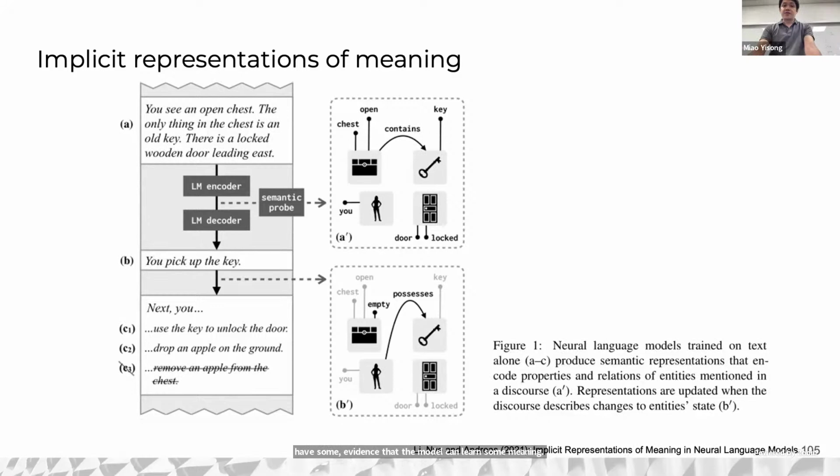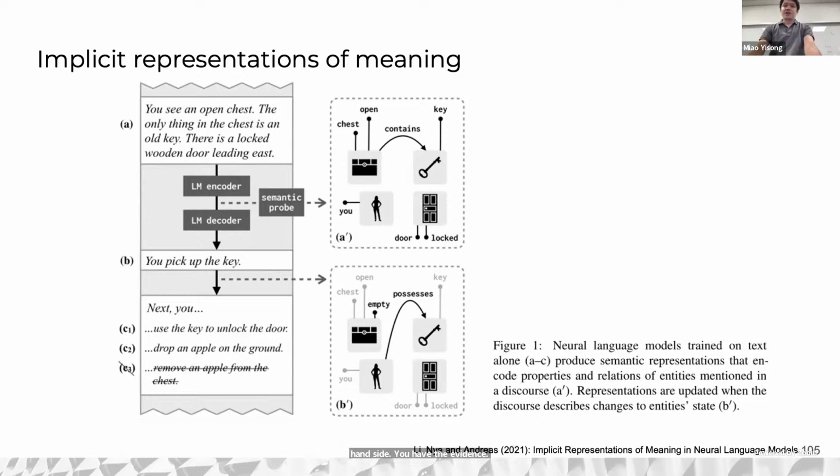And then next you have utterance B: you pick up the key. Corresponding to that, on the right-hand side, you have updated semantic representations. Now the chest is updated to empty, and it is you that possess the key now. Again, if you can use your probe to map the left-hand side to the right-hand side, you have the evidence.